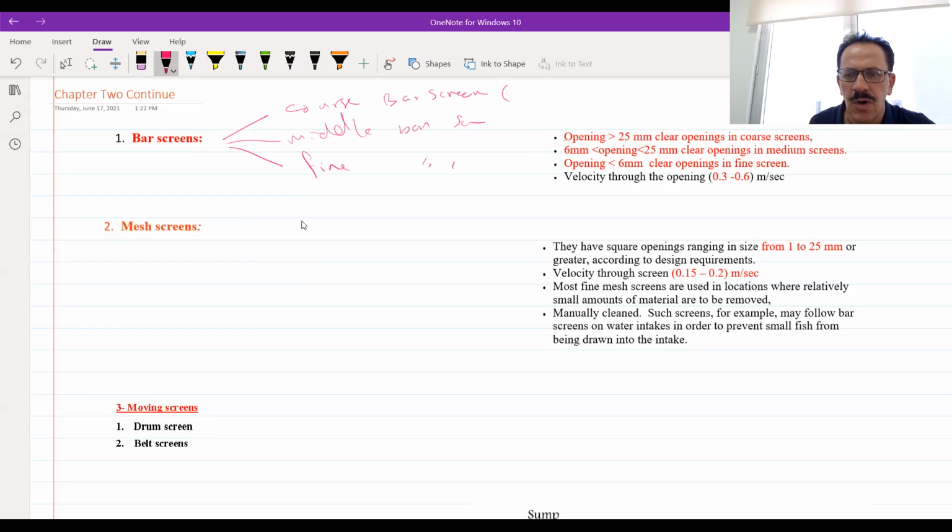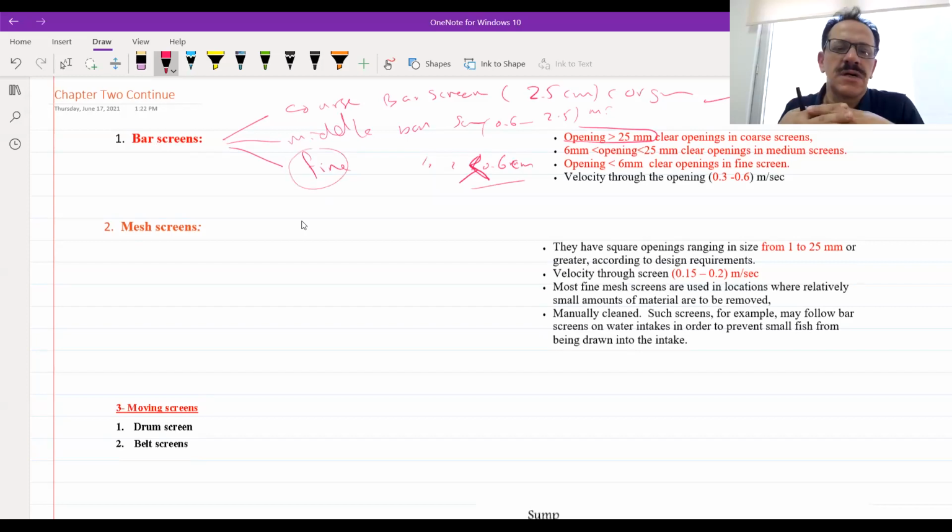If the opening is 2.5 centimeter or greater, then it's called a coarse bar. If it is between 0.6 and 2.5 centimeter, this is called middle. And if the space is less than 0.6 centimeter, then it's called a fine bar screen.